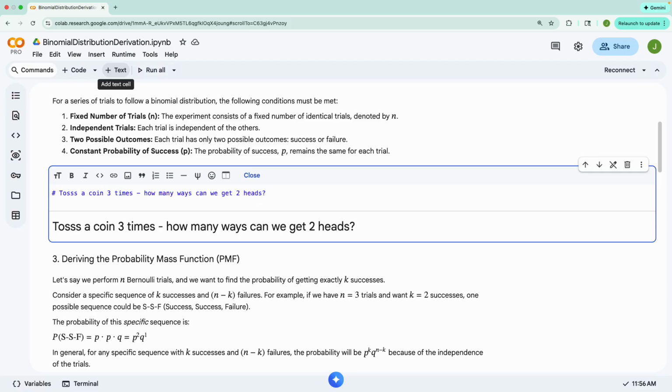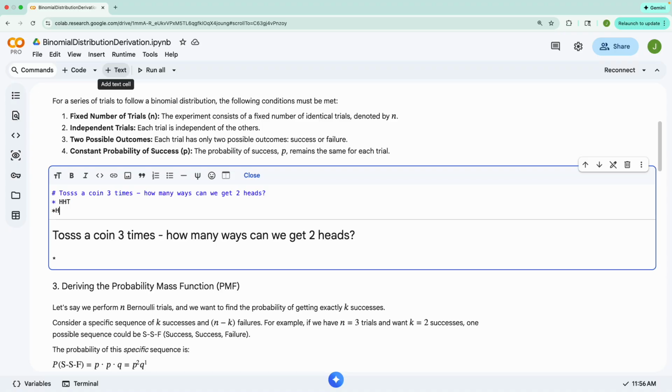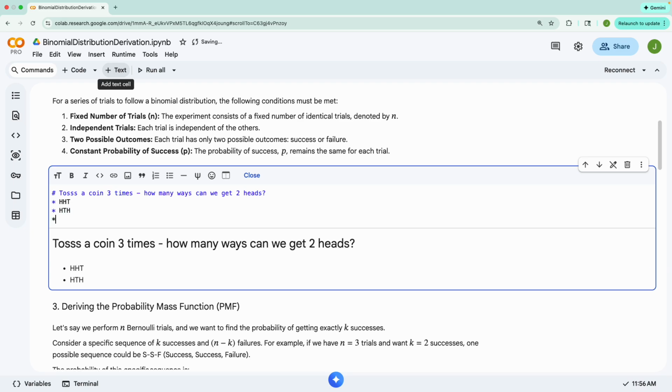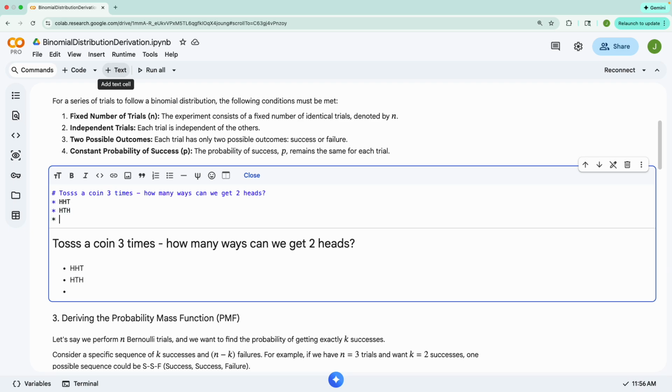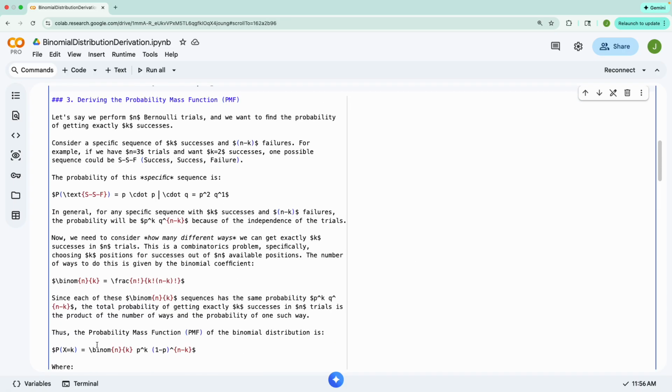One specific outcome would be heads, heads, tails. Another one would be heads, tails, heads. And then a third outcome would be tails, heads, heads.